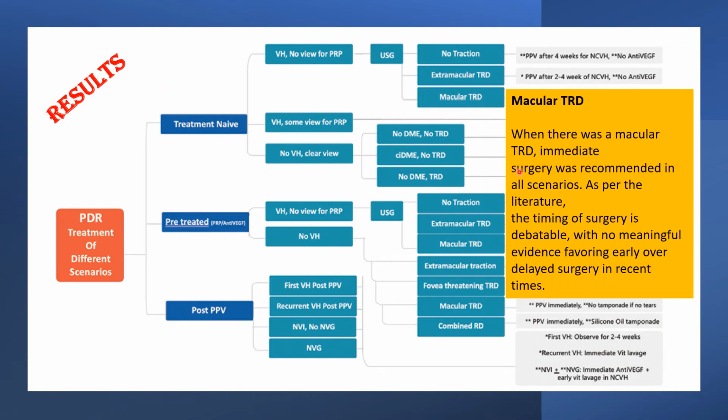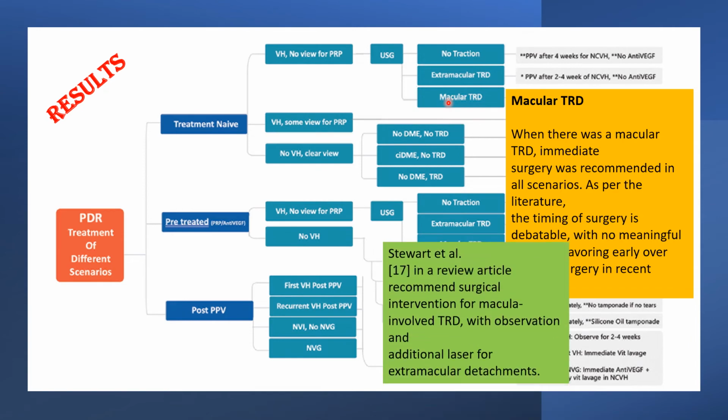So some of these results are important because the literature is unclear, for example, on the approach to macular tractional retinal detachment according to the timing. There's no meaningful evidence favoring early over delayed surgery, whereas in this study, there was a consensus of early surgery.